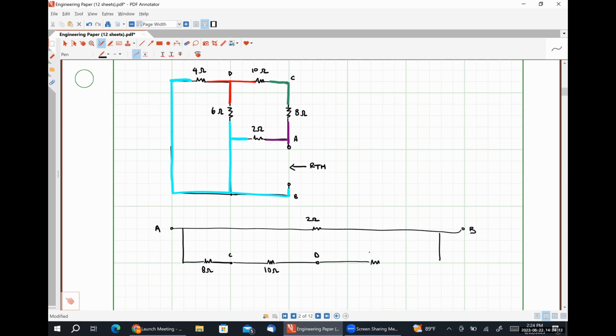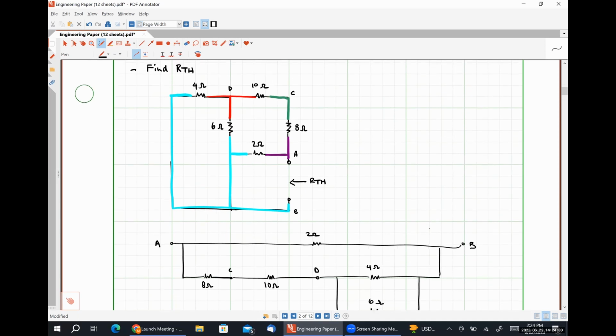So I'll put the 4 ohm resistor up here. And the 6 ohm resistor here.